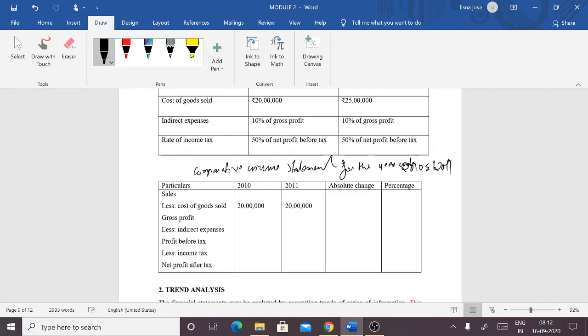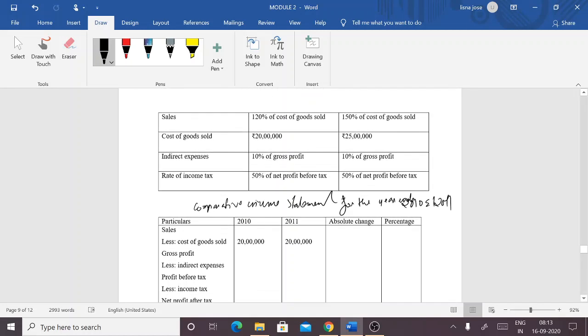So this should be the heading. Then the first column is all about particulars, the second column is the first year's figure, then the second year's figure, then the absolute change, whether it is an increase or decrease, then the percentage. The cost of goods sold amount is already given in the question, that is 20 and 25 lakh.